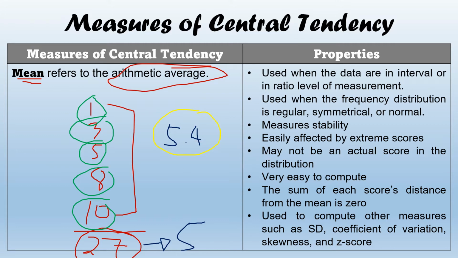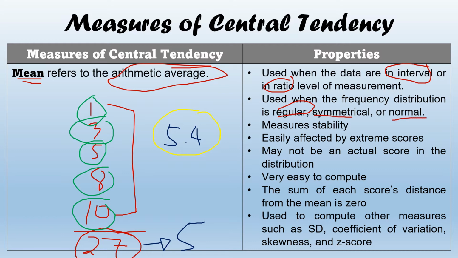Please take note on that, the consideration here is in interval or in ratio level. So I just have to remind everybody of our levels of measurement. So tingnan natin. Okay. And then used when the frequency distribution is regular. Okay. Regular, we also have your symmetrical or normal.